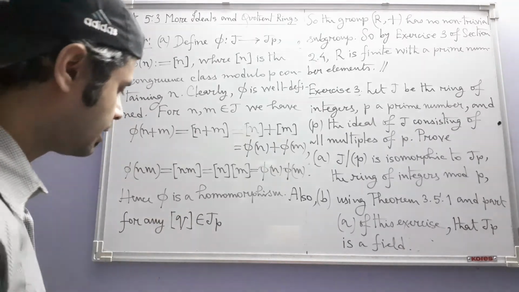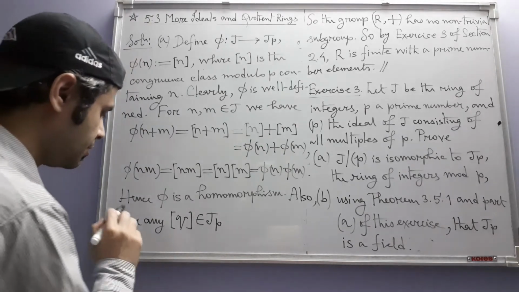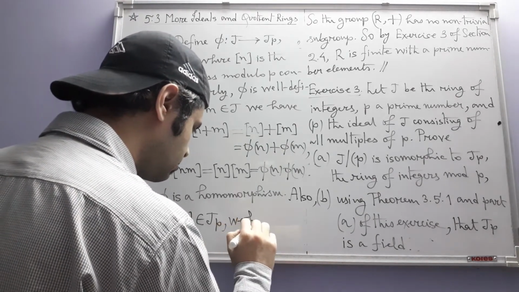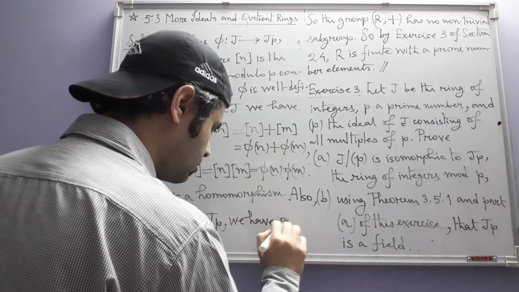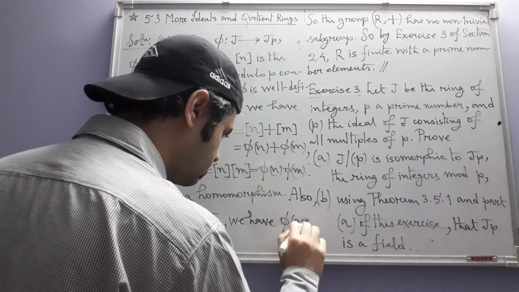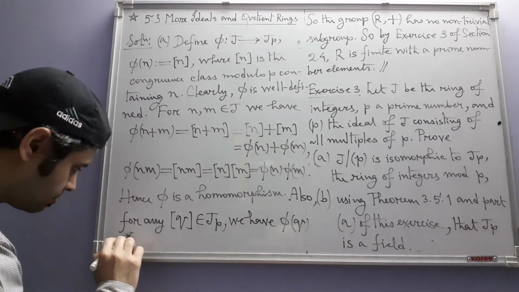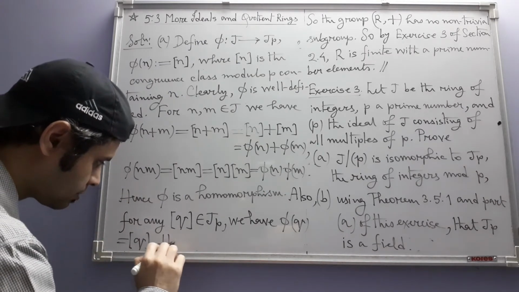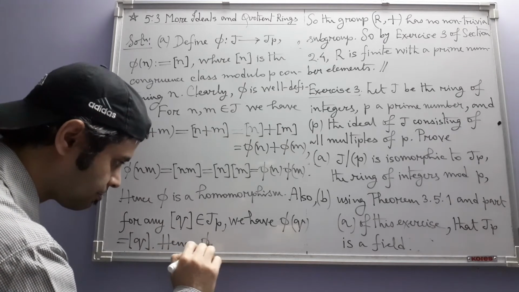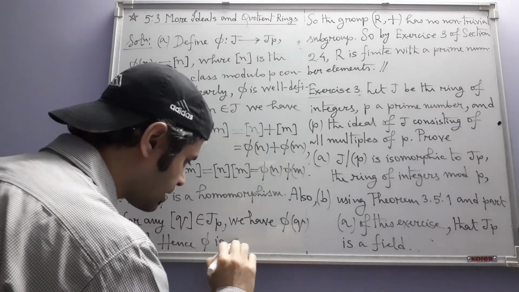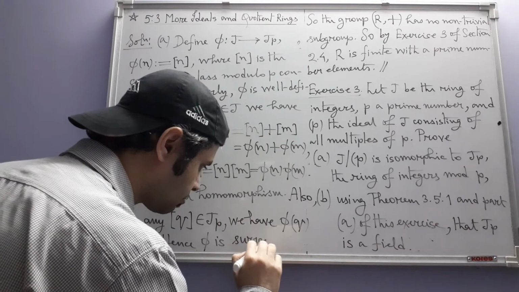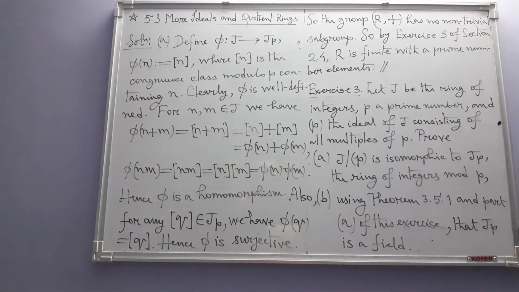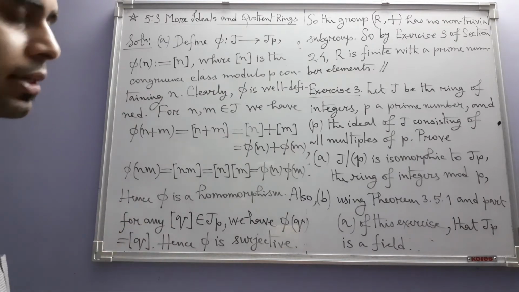Those things are understood from this notation itself. For any element belonging to this, we have phi of q is equal to q. Hence, phi is onto or surjective. So we have proved that our homomorphism is surjective.